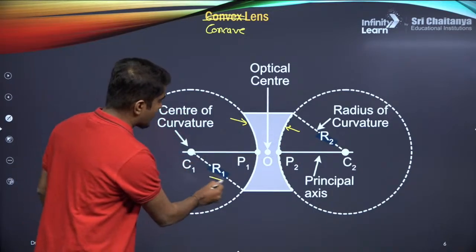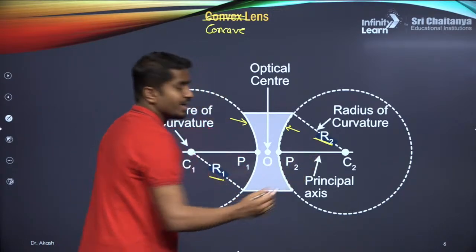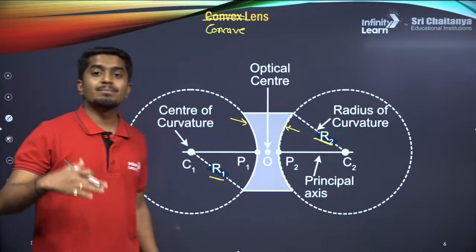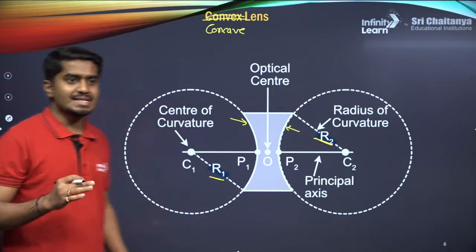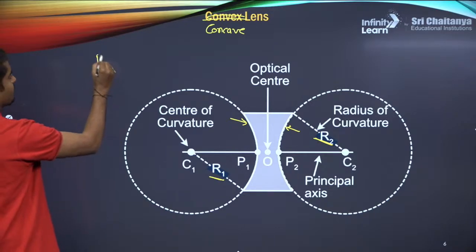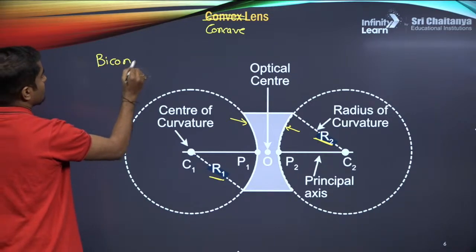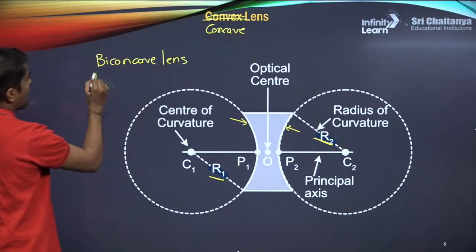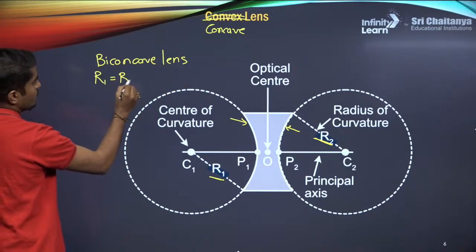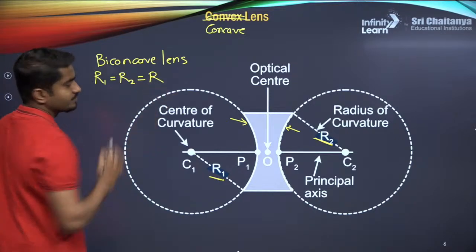Now it has R1 and R2. In general, R1 can be different from R2, but again we are going to use a special case, which is a biconcave lens. In that, R1 is equal to R2 and we just call it R.